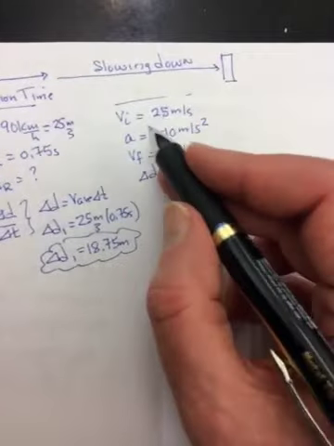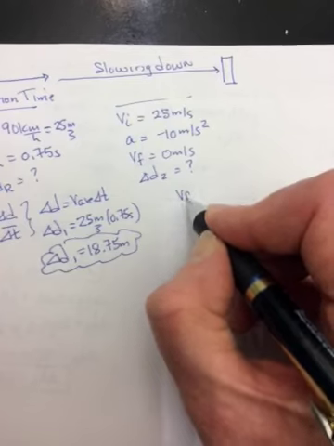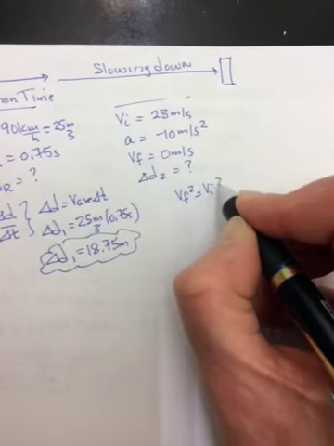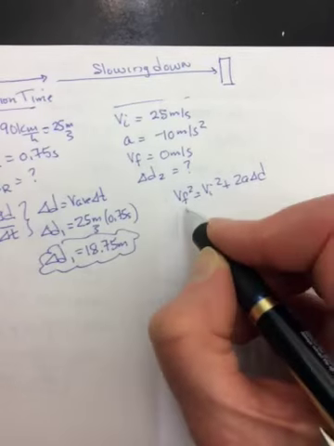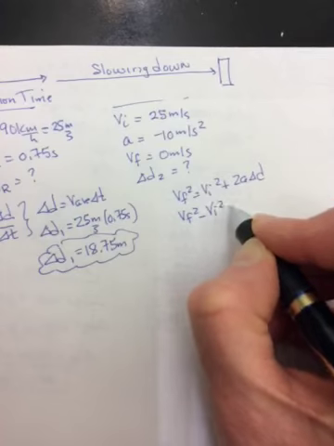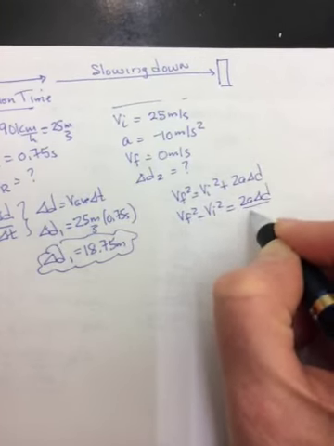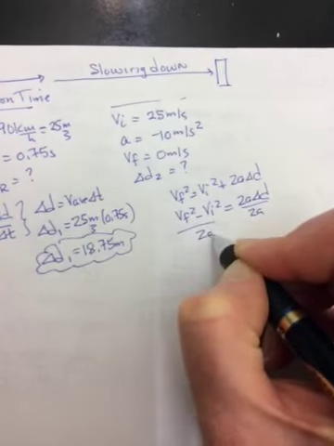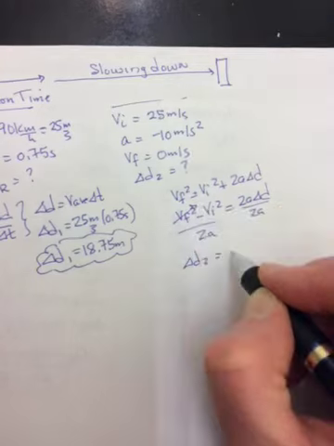All right, over here we have a VF, a VI, an A, and we want a delta D. So you use VF squared is equal to VI squared plus 2A delta D, and rearrange for delta D. So first, to get the delta D alone, subtract the VI squared, and then divide by the 2A. Okay, so we'll have delta D2 equals VF squared actually goes to 0.